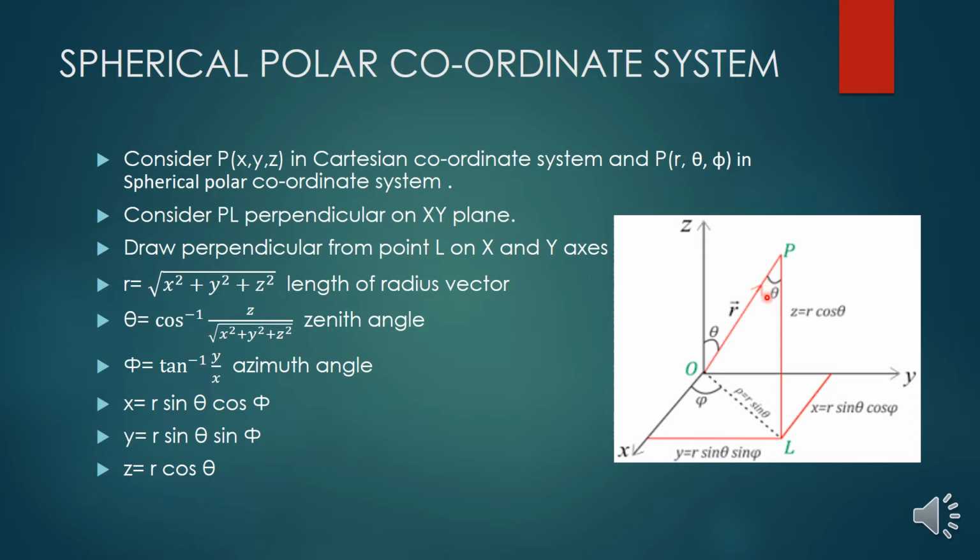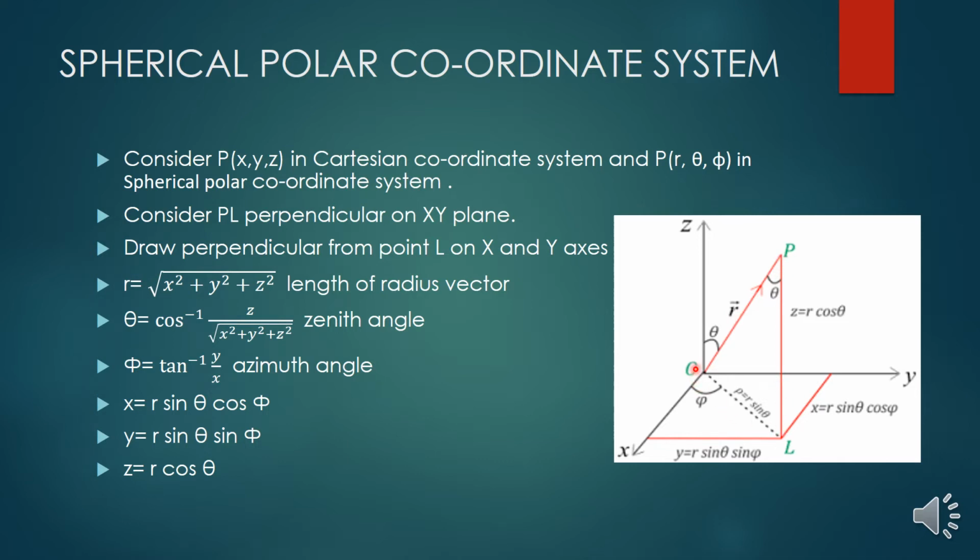Okay. So in the right angle triangle OPL, angle PLO is a 90 degrees angle. Though in this particular diagram you cannot see that 90 degrees angle because it is a two-dimensional figure which we have drawn. So this angle PLO will be a 90 degrees angle, and this r bar will be the hypotenuse of the right angle triangle PLO.